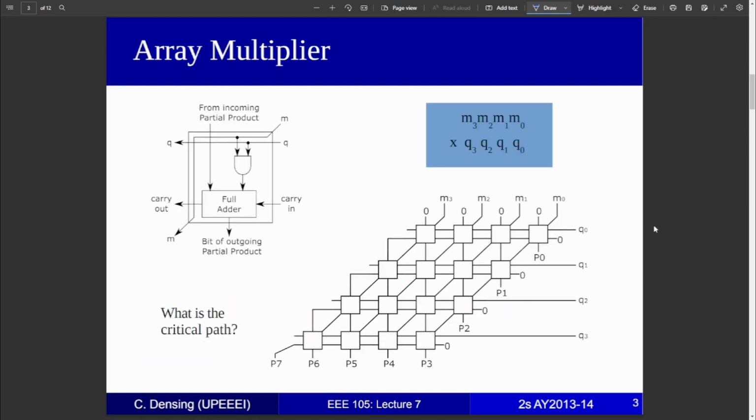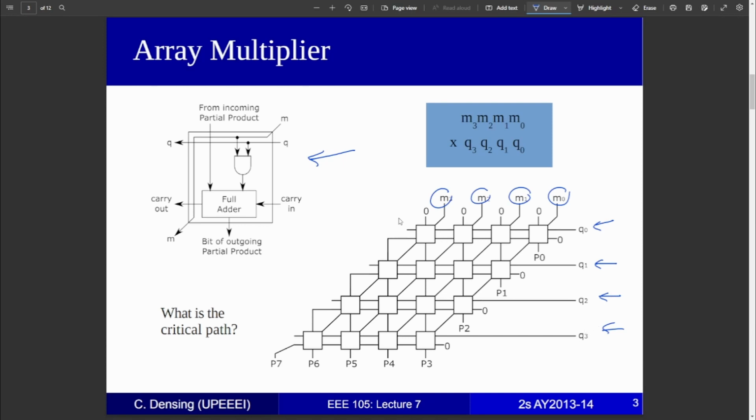Okay, we can easily represent multiplication using array multipliers. So you can see here are specific blocks to do it. And you have a full adder and just an AND bit in the specific blocks that do it. You have the multiplicand as inputs and the multiplier as the horizontal inputs.